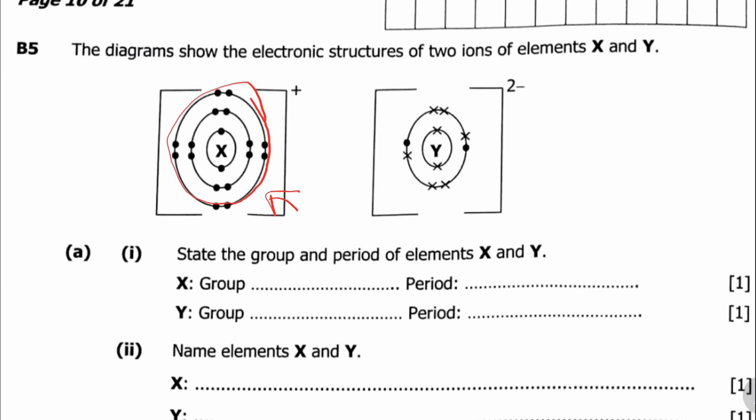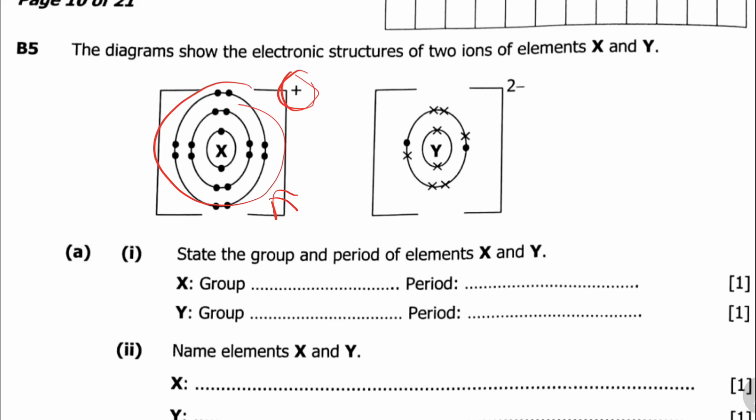But no. Why? Because this is an ion. It has lost electrons. So, this one before it has 8 electrons, it means that it had another shell with the 1 electron. Okay? Because it has lost what? An electron.